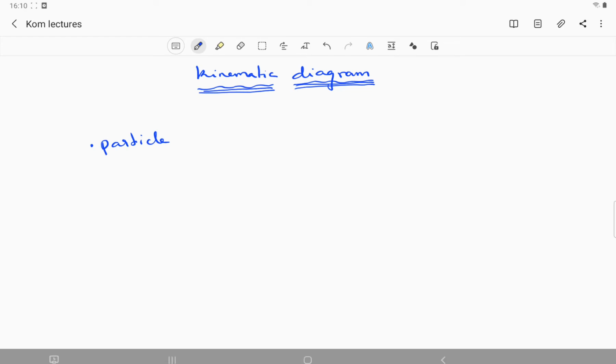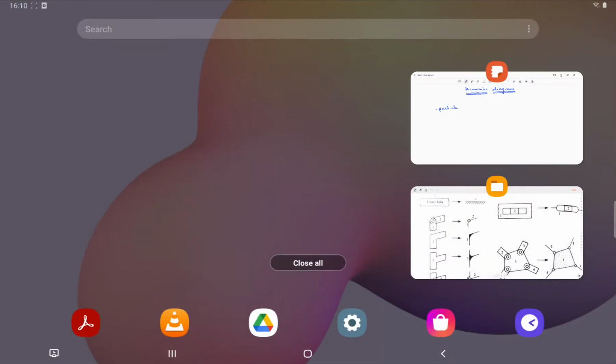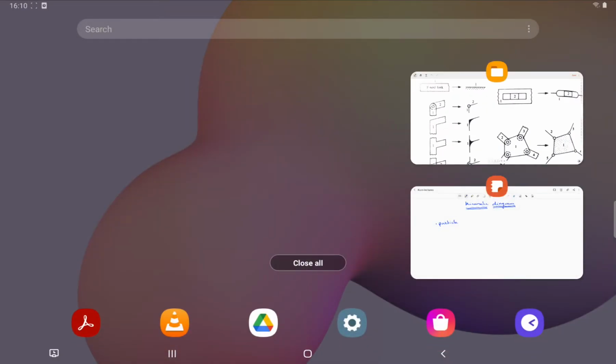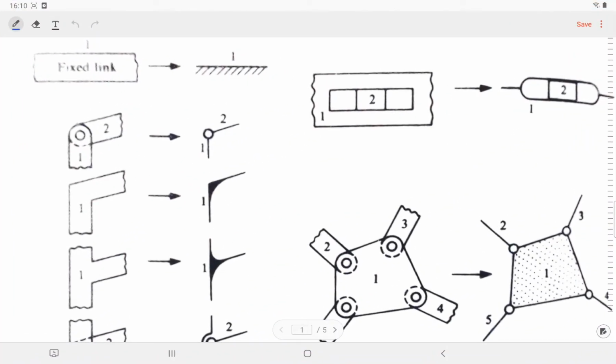Okay, so some general ways to do that. For example, we know that a mechanism is a closed loop kinematic chain with one link fixed. We generally represent the fixed link in this manner.